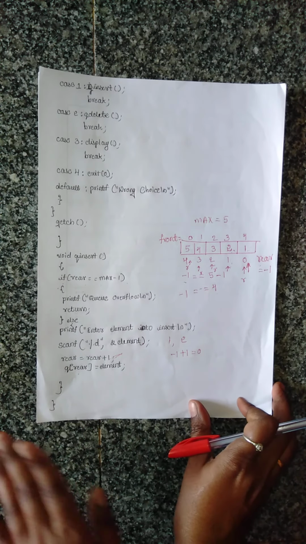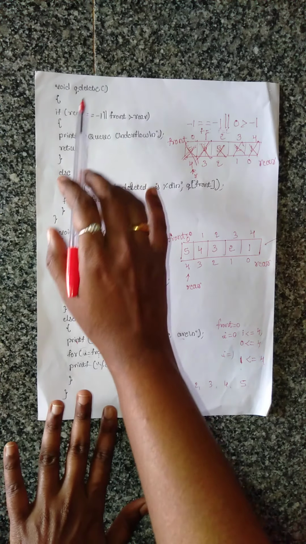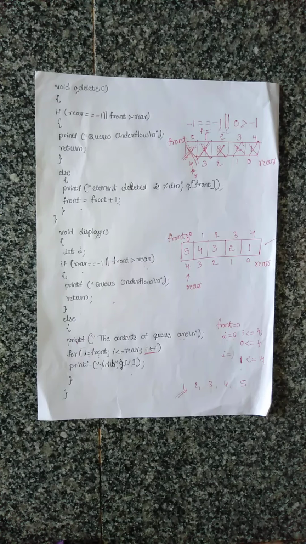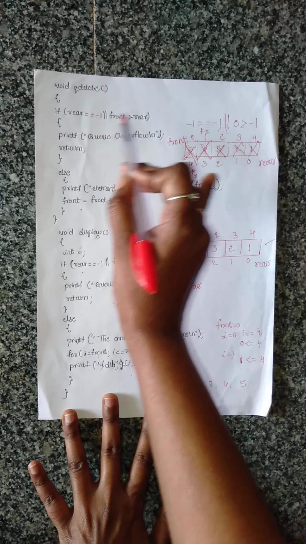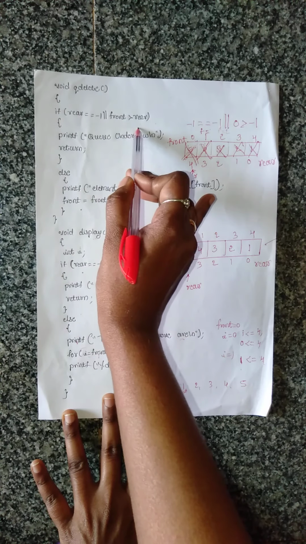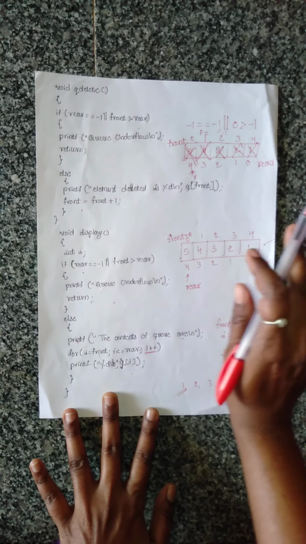Next is deleting elements from the queue. Before deleting any data element from the queue data structure, we need to check whether the queue is empty or not. For that reason, we are using this statement. If either of these two conditions is satisfied, it means the queue is underflow.